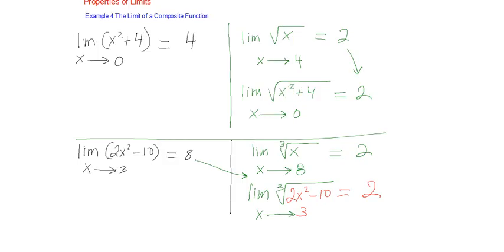Instead of x, you put this function definition inside there, and instead of this c value, put this c value, and then it will give you the same value, same thing here.